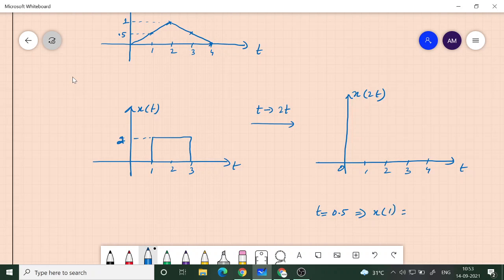It is the point where it goes to 2, right? So this is happening at t equal to 0.5. So it is going to 2.